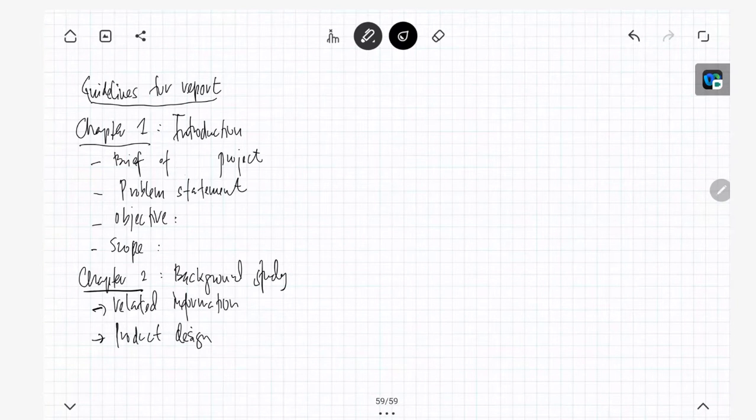For example, the output of the machine should be 8 pineapples per minute. That's the performance. So you should have your target about the machine. So you should write it in your PDS, product design specifications.